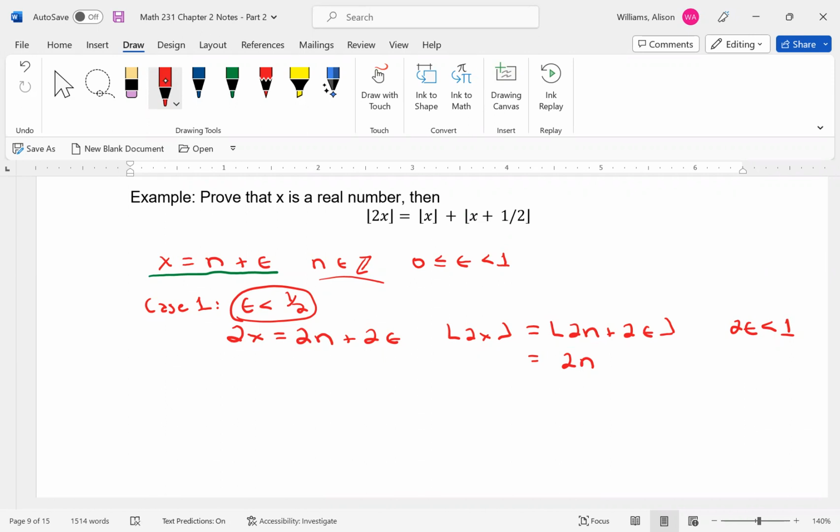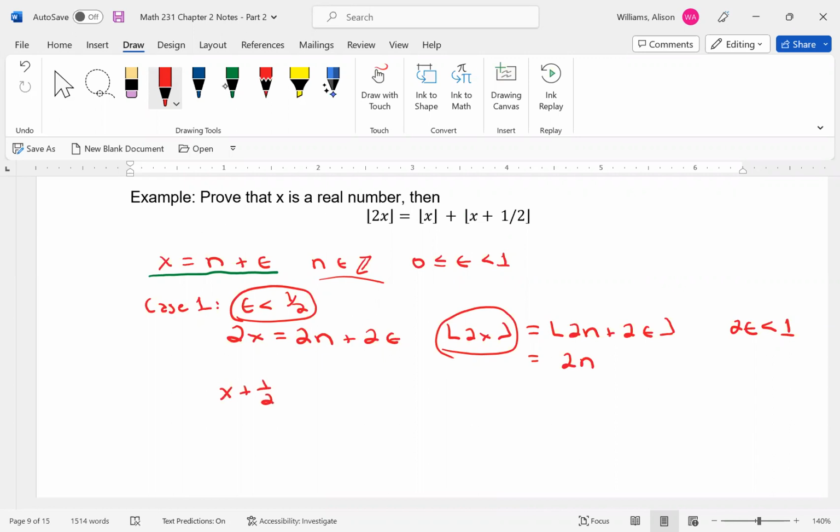Cool. All right. So now that I looked at the 2n, the floor function for 2x, I need to look at what happens when I'm focusing on x plus 1/2.